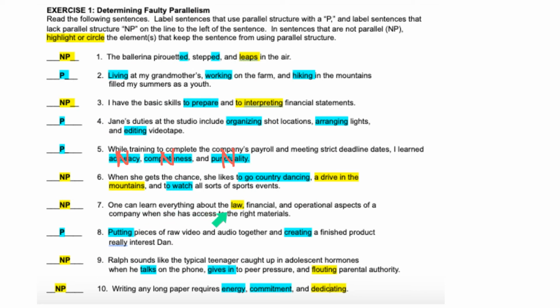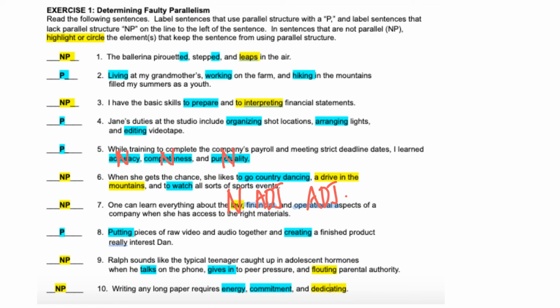Once again, we want to be looking at the parts of speech in number 7, which I'm noticing lacks some of my color coding. So I'm going to add that and then show you how two of the parts of the business, financial, which would be an adjective, and operational, which is also an adjective, don't concur or don't agree with the law.